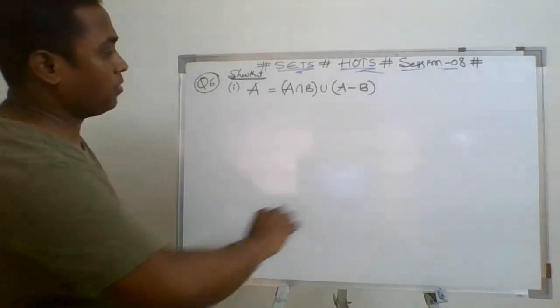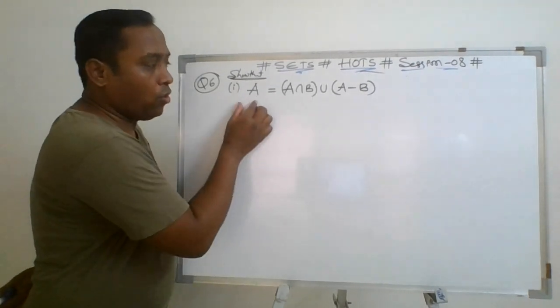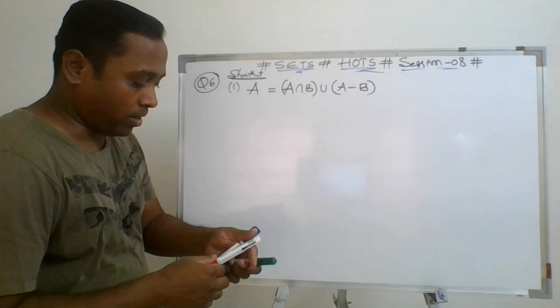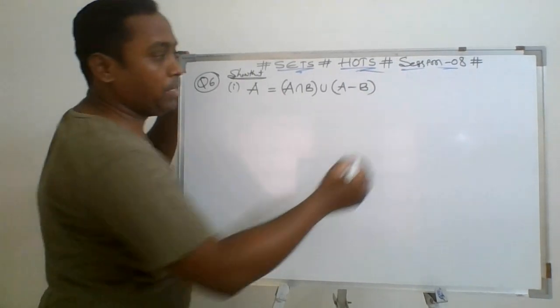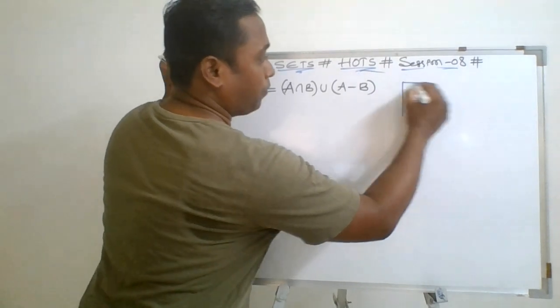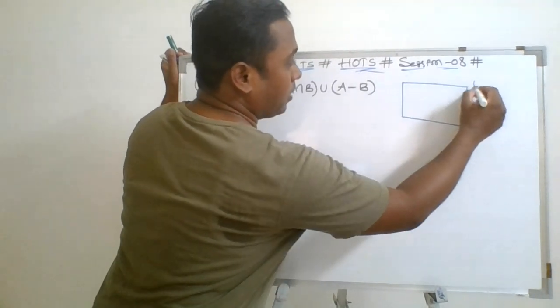Now, just look at this question. We know already that set A is nothing but, just try to understand through the Venn diagram. Now you can realize what this operation means. This is the universal set.